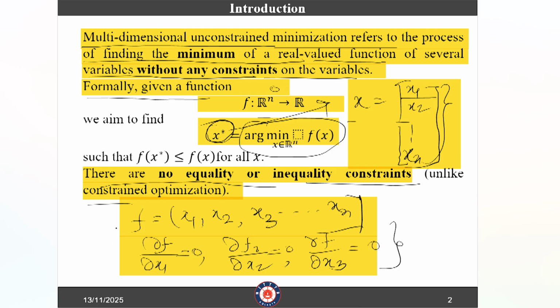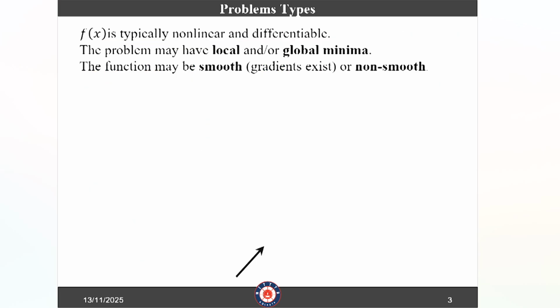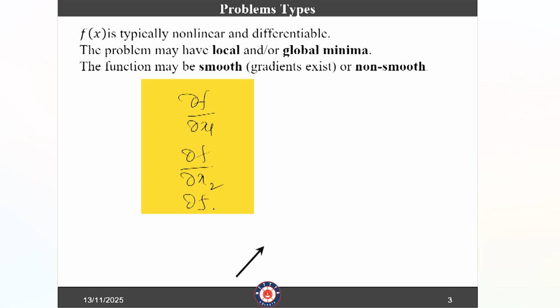In matrix form, the same thing can be written as delta f by delta x1, delta f by delta x2, delta f by delta x3 and so on, if it is a 3 variable function.